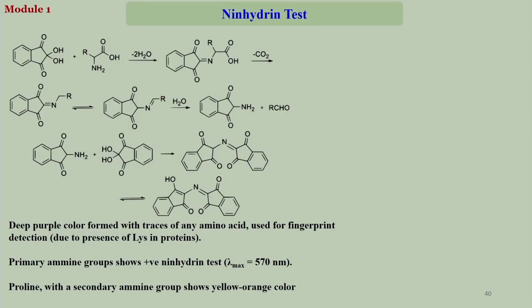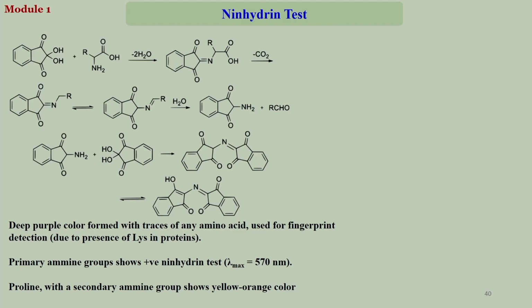So it goes like this. This is the solution of ninhydrin, and here I have shown it using an amino acid, not a protein. If you have a free amino acid, what is the reaction that happens?